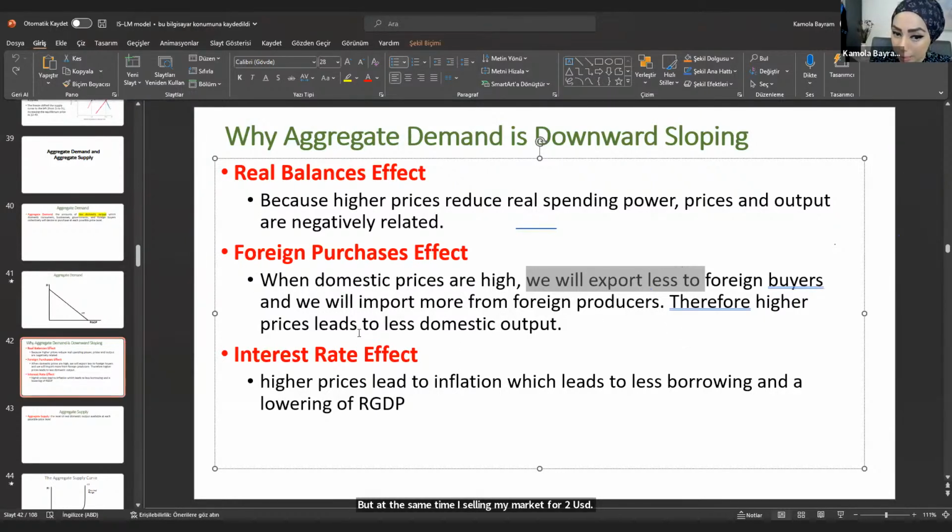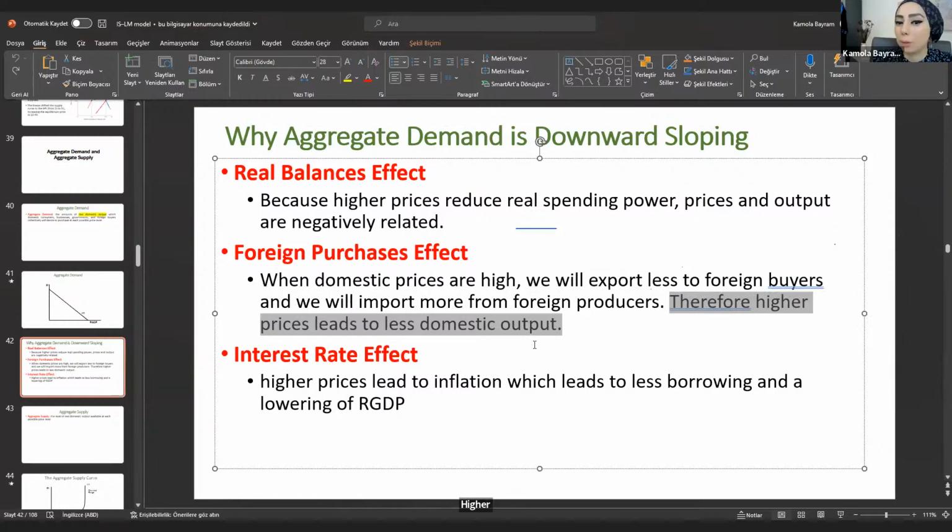Therefore, higher prices will lead to less domestic output. Actually, this is the politics of China, you know, to make things cheaper and to export more, import less. But in this case, if the prices in your home country are high, then you will export less, import more.